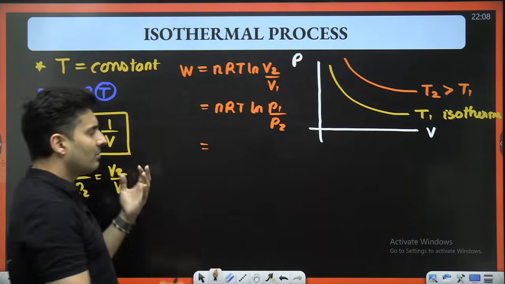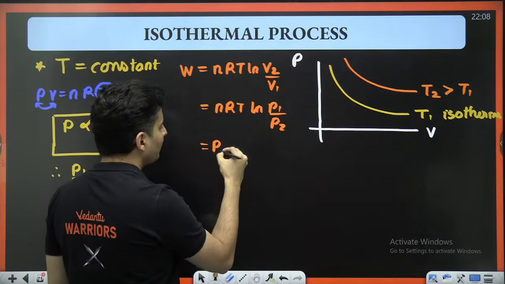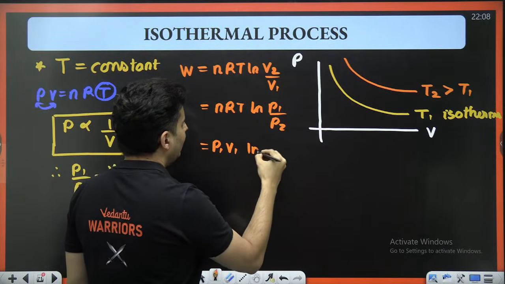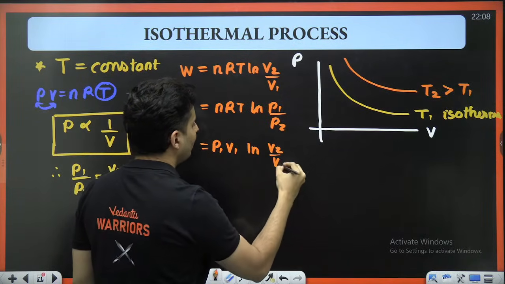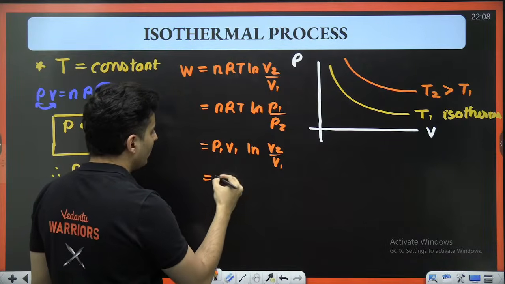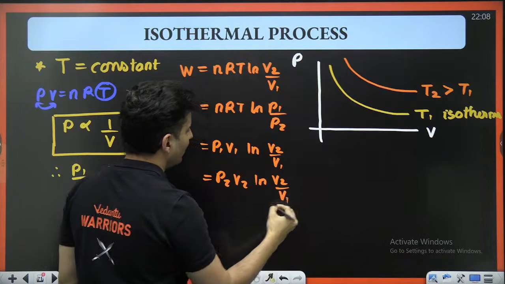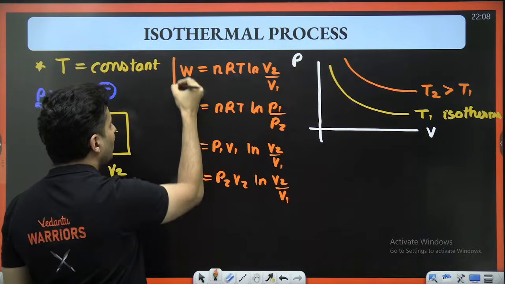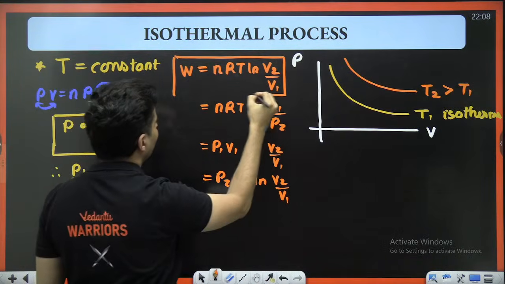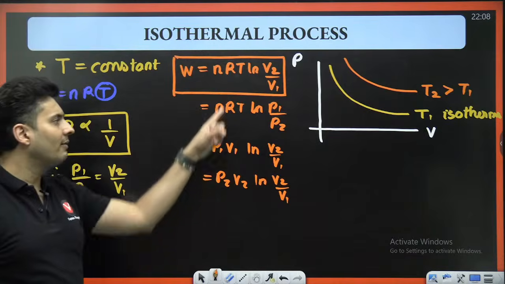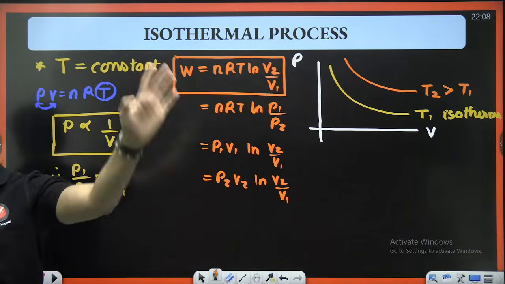But PV can be either P1 V1 or P2 V2. So you can write P1 V1 ln V2 by V1, or you can also write it as P2 V2 ln V2 by V1. All of them are the same thing. You remember any one of them, it's more than enough.